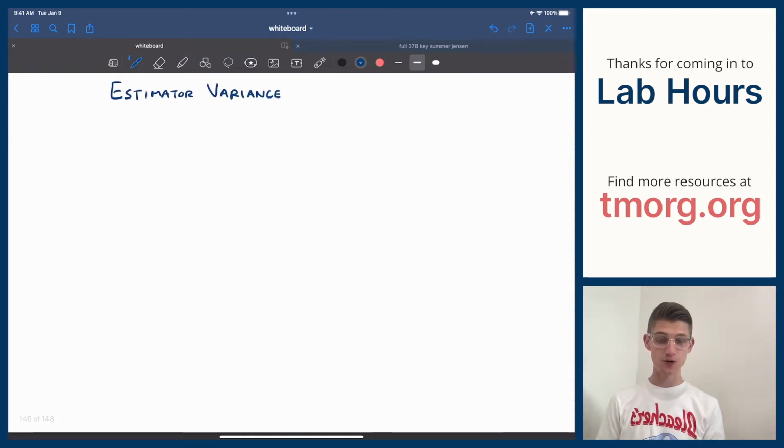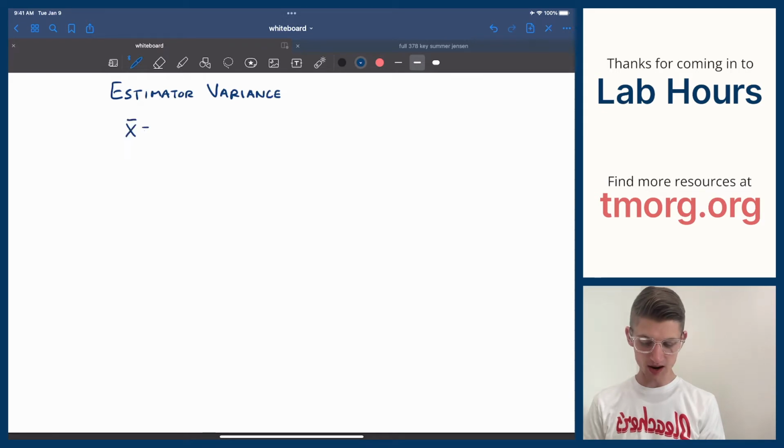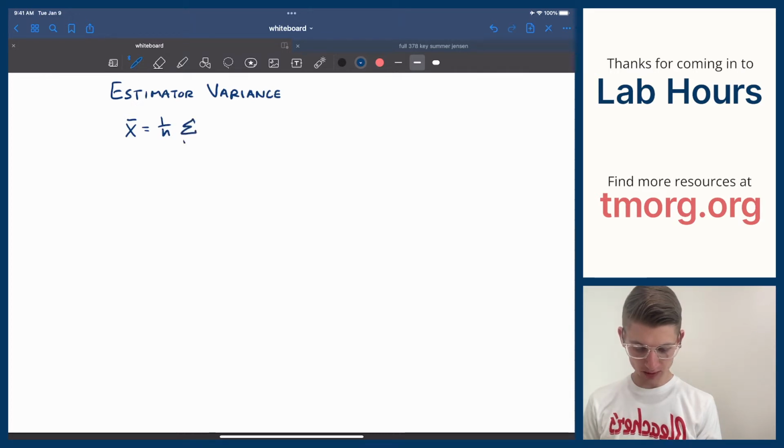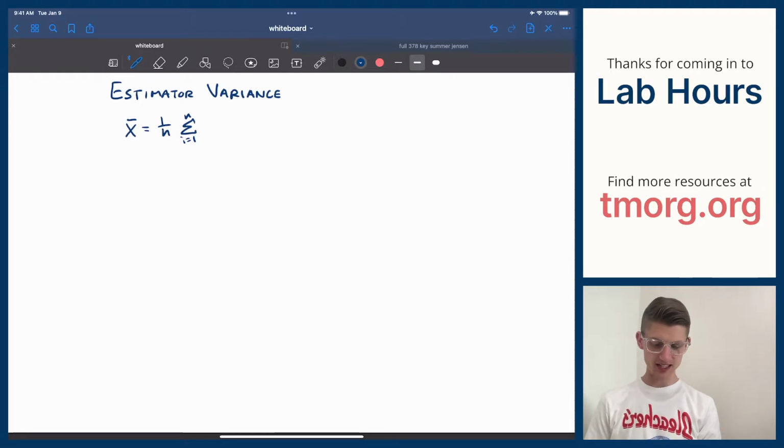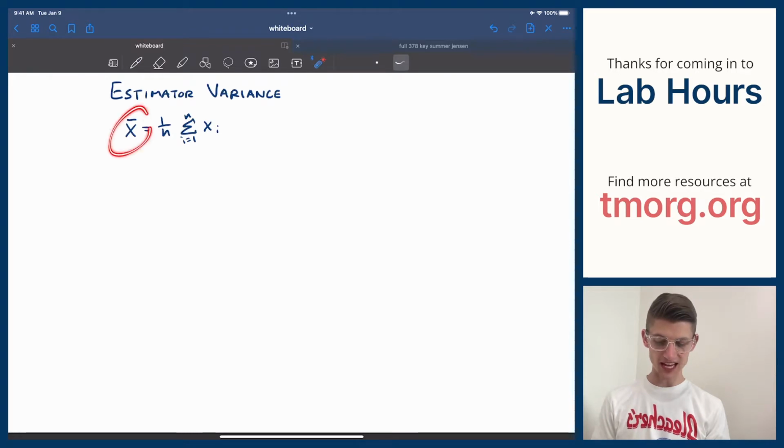Estimator variance. So, you'll recall that last time we talked about a certain estimator x bar, which is meant to estimate an average, right? And we remember that we gave the formula as 1 over n times the sum of xi, for i equals 1 to n. So basically add up all of your observations, divide by the number of observations that you have, and that's your estimate for the average, right?